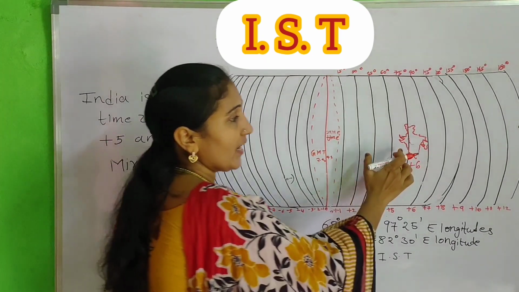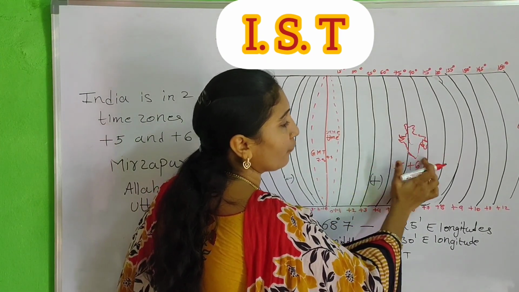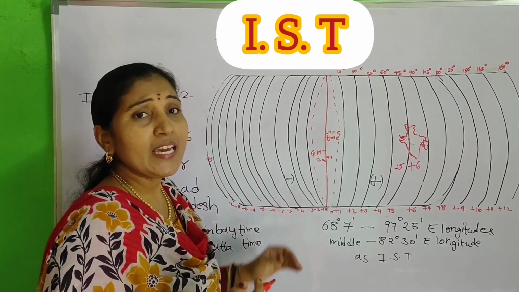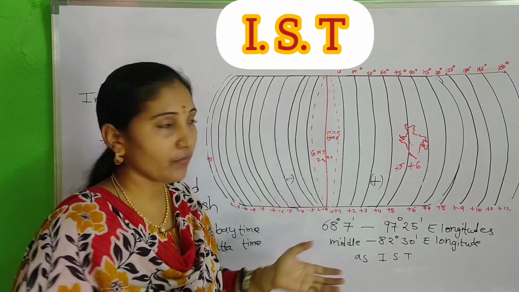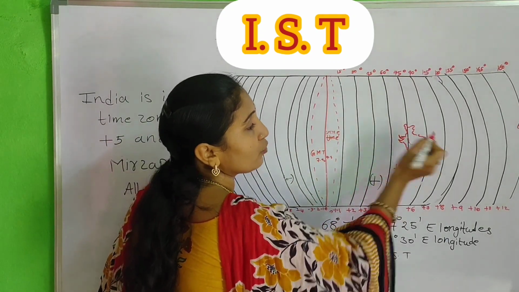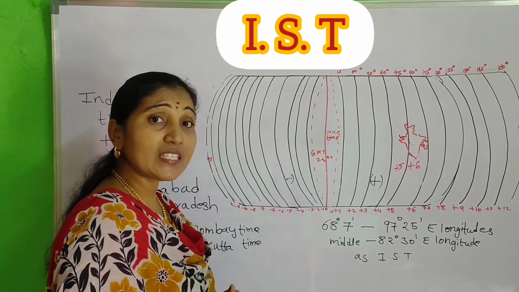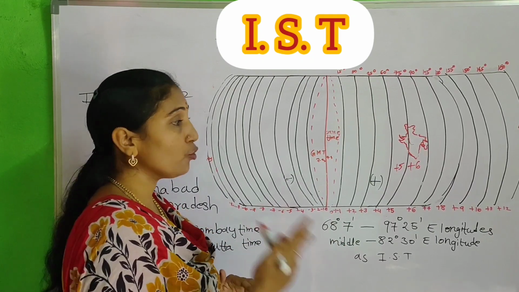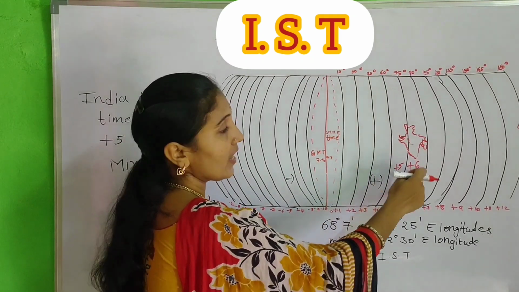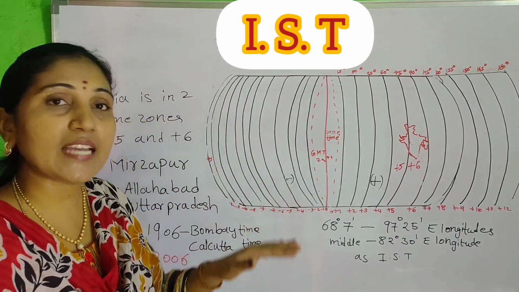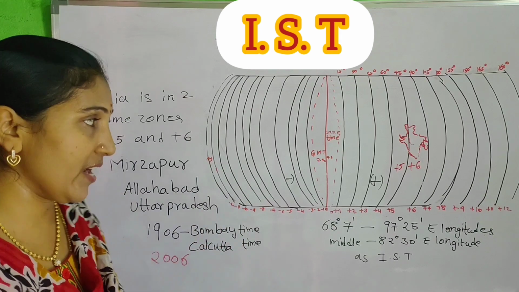But India is lying in between 2 time zones, so obviously there will be differences in the time, from Gujarat to Arunachal Pradesh. How many hours difference can we find? We can find 2 hours, means +5 1 hour and +6 1 hour. So, compared to the remaining zones, India is having 2 hours of difference.